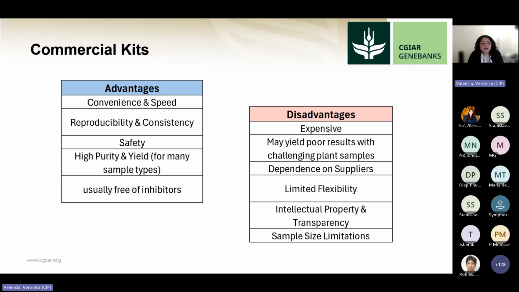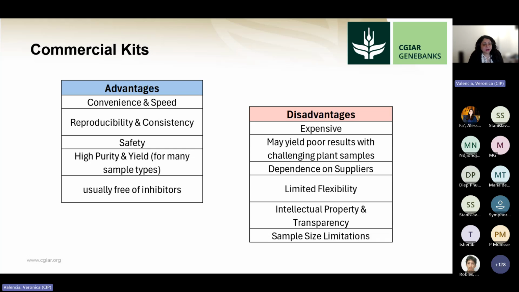In the use of a commercial kit, compared to a setup, you can have maybe 20 or 30 nanograms per microliter, especially when you have challenging plant samples. You depend a lot on suppliers too. I've had a case where I asked for a specific commercial kit and it took about 4 months to arrive.